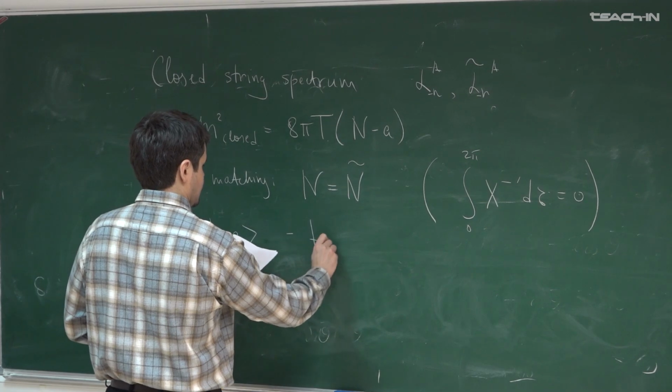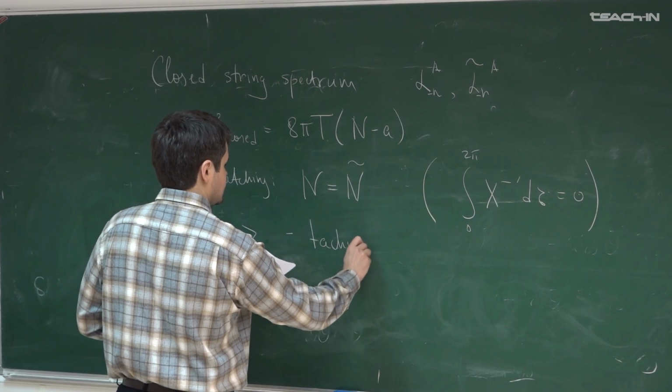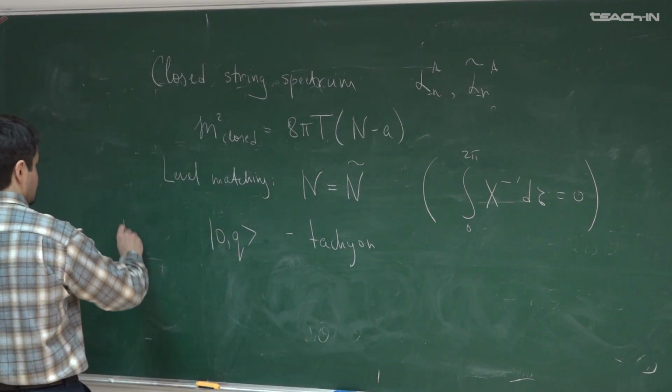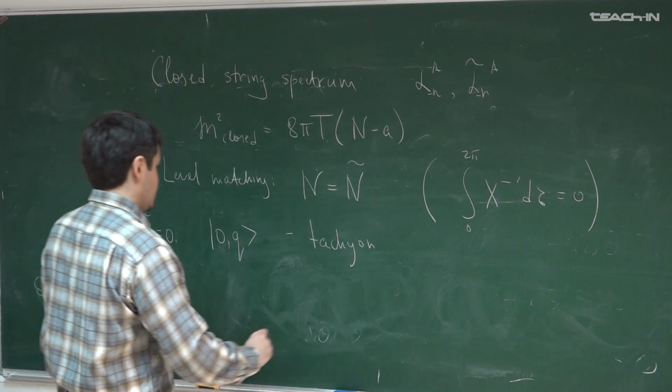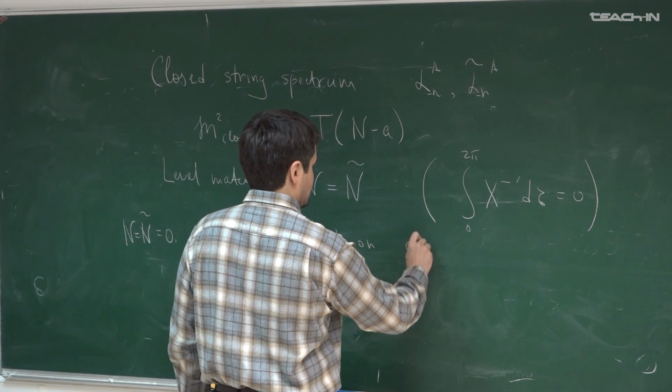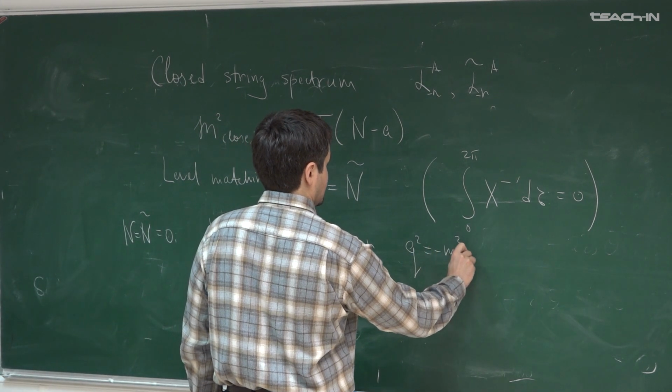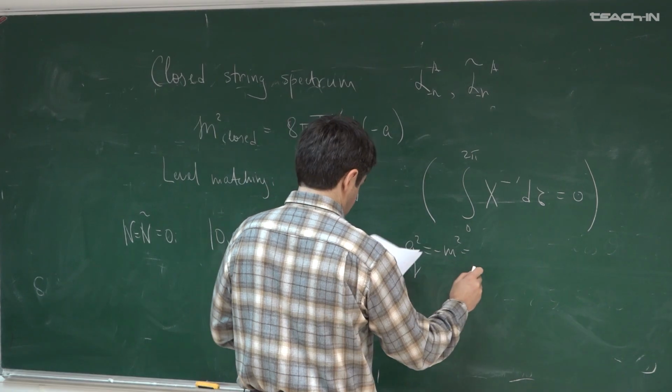So we have here a tachyon. This is n equals n tilde equals 0, which was q squared minus m squared equals 8 pi t.